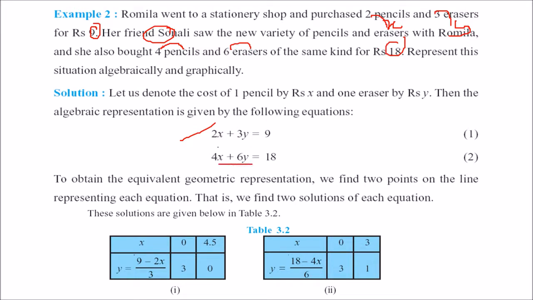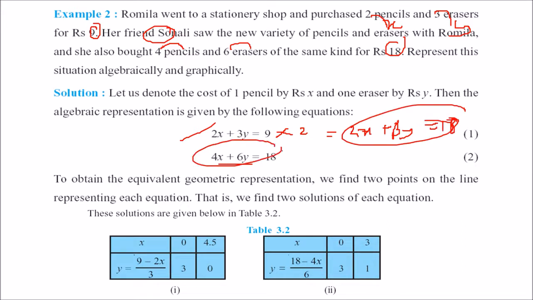Before going ahead, if I multiply the first equation by 2, it will become 4x plus 6y is equal to 18. These two equations are exactly similar, so they are eventually the same line.